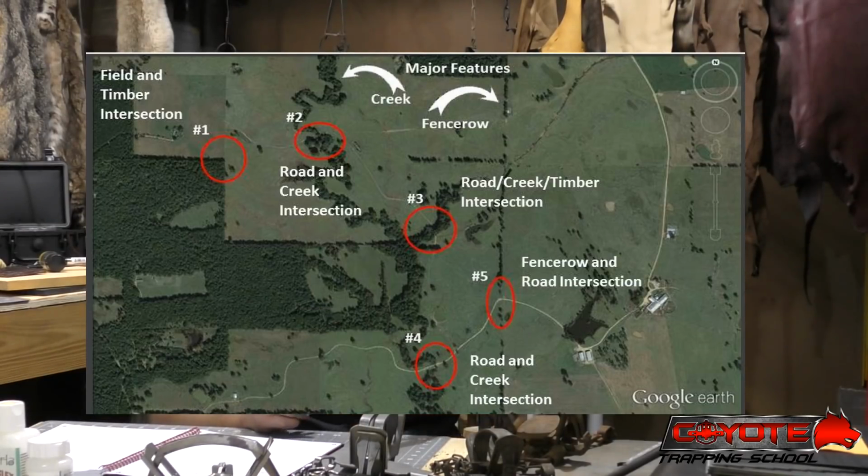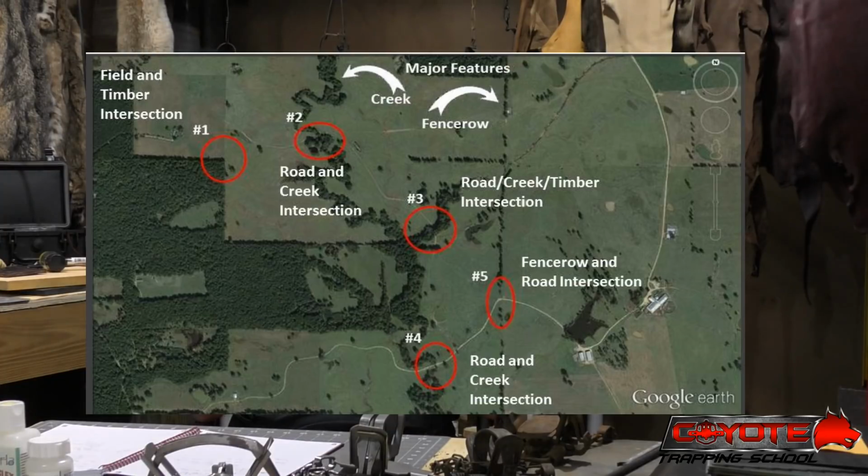That's the way I try to select locations, looking just on paper at the number of intersections and what looks good, and trying to make sure that my traps are spaced apart. If I've got two good intersections 100 yards apart, I may not set both of them.